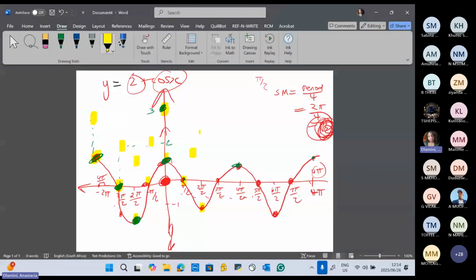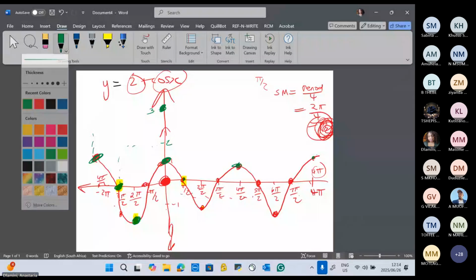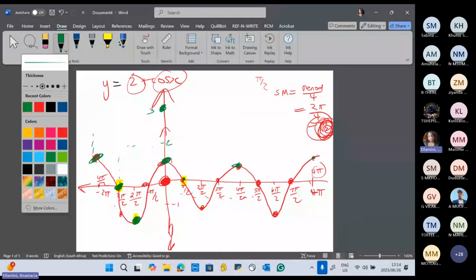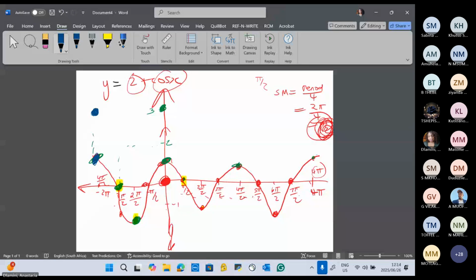Okay, let's do point by point with the blue color. So we are moving 2 units up. Let's start with this point over here. It goes to 3, isn't it? Yes. Okay. The next point is 0, plus 2, so it goes to 2.